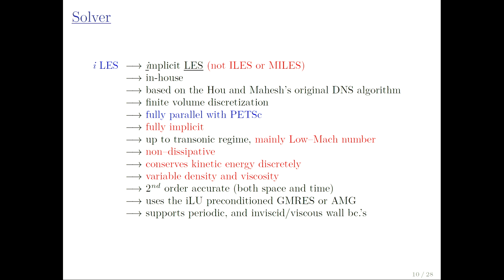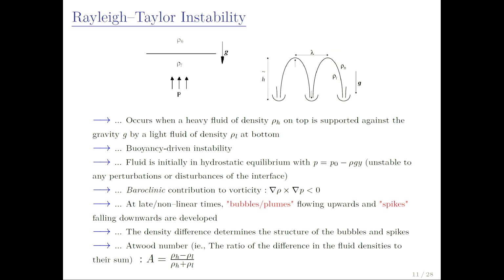So let's focus on the problem. This is, as I mentioned, the Rayleigh-Taylor mixing problem. It happens when a heavy fluid on top is supported by a light fluid at the bottom against gravitational collapse. Initially, the system is in hydrostatic equilibrium. It's the upside down bottle problem.